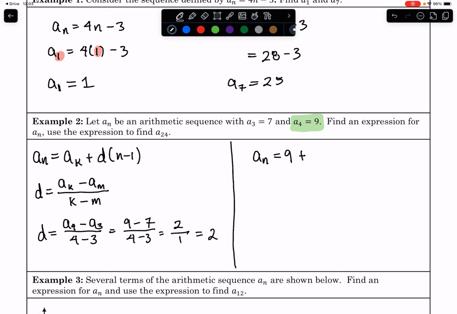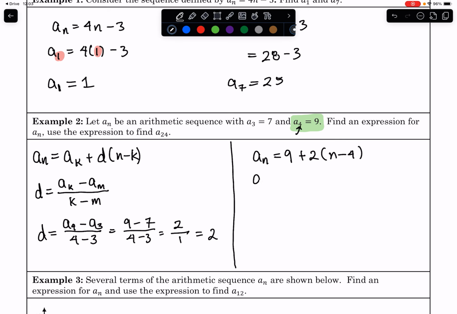We're going to add the common difference, which we now know is 2, and multiply that by n minus k. That should be a k, I'm sorry, not a 1. And our k value is this number right here, 4. And there, that is the equation to our arithmetic sequence.